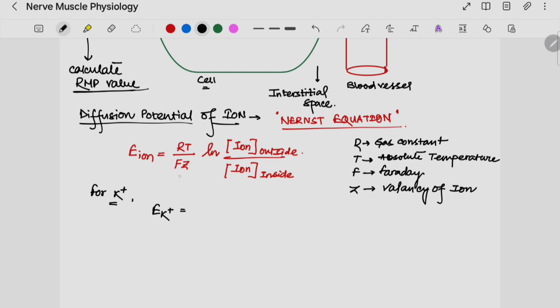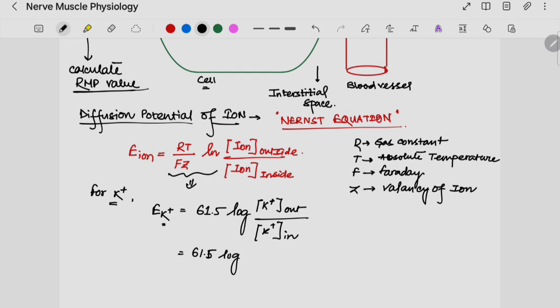Here we calculate that value RT by Fz of natural log, and for potassium that value is 61.5. We convert natural log into log: potassium outside by potassium inside, so that's equal to 61.5 log.